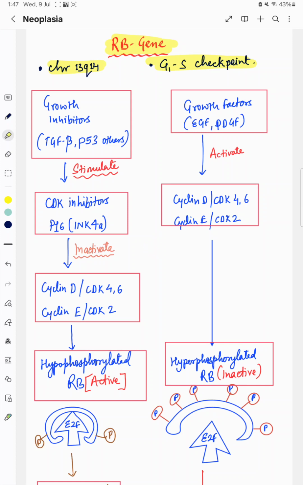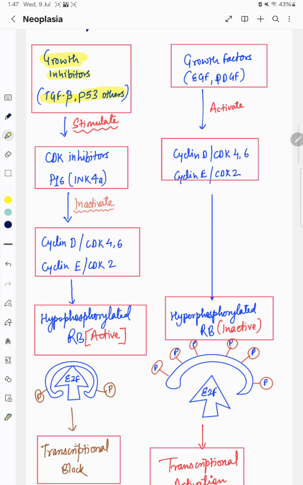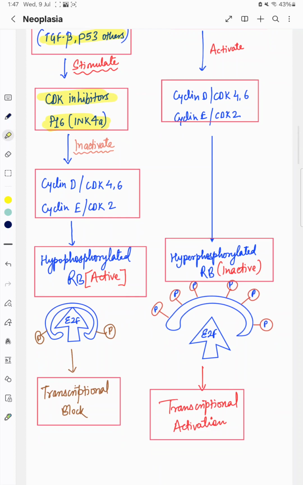So normally growth inhibitors like TGF beta, P53 and others stimulate the cyclin dependent kinase inhibitors like P16 and INK4A, that will result in the inactivation of cyclin D, CDK4, CDK6, cyclin E and CDK2.